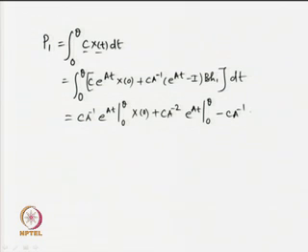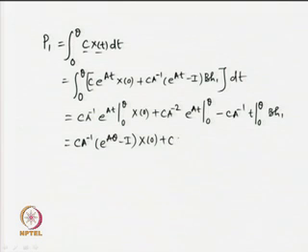Therefore, you are left with t with limits 0 to theta times b h1. Upon simplification this gives us c a inverse, e to the power a theta minus I, times x0, plus c a to the power minus 2, e to the power a theta minus I, minus c a inverse b h1 theta. So, the part P1 has been found in this form.